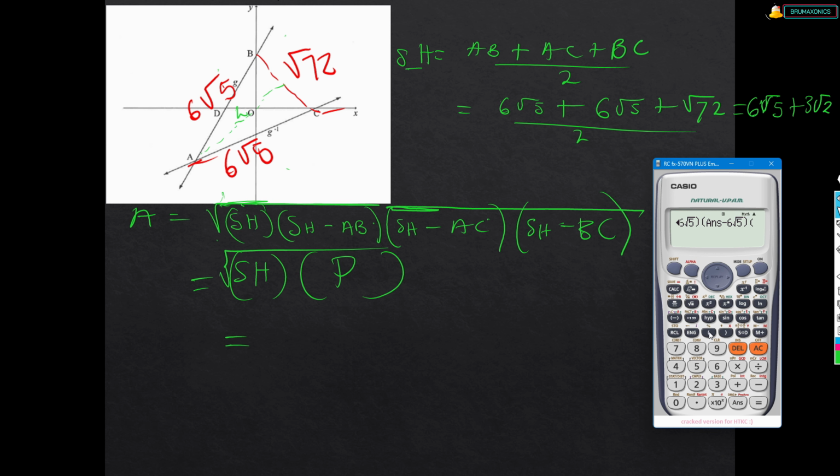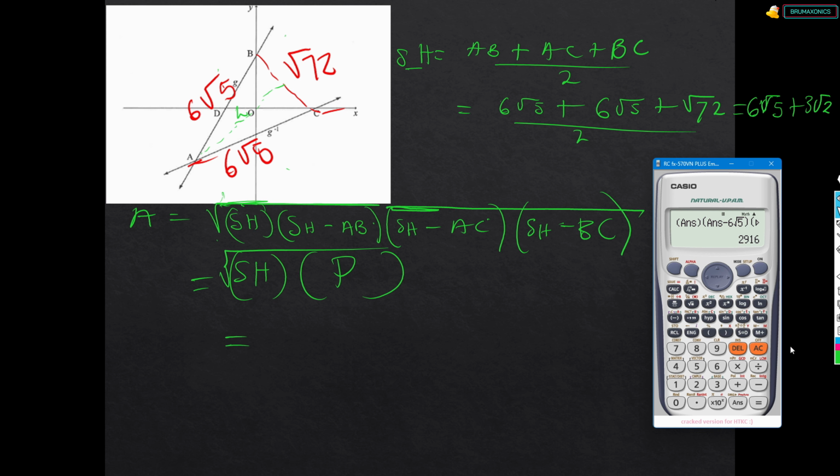and then the last one will be the same, answer minus the square root of 72, right? Then let's confirm square root of 72, and then the other two, and then multiply the answer, which is the SH. This is equal to this number.